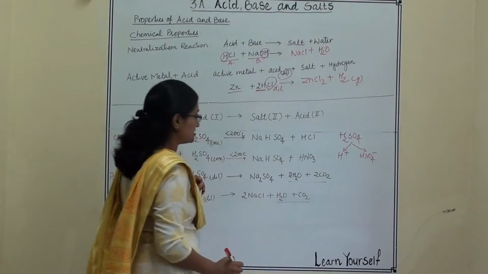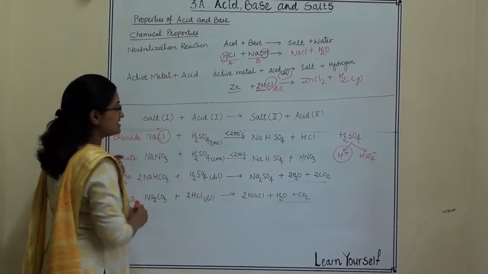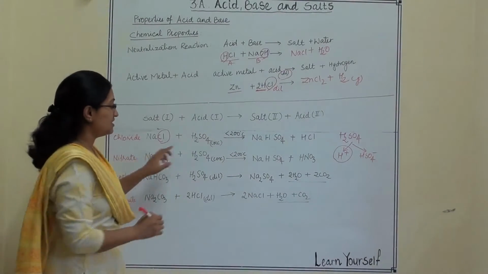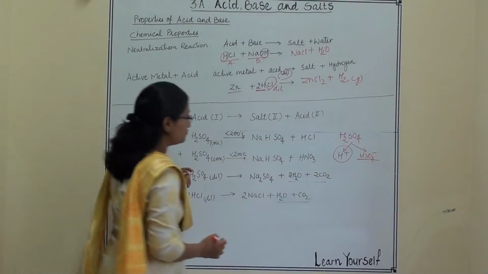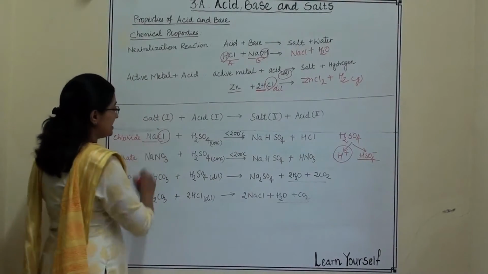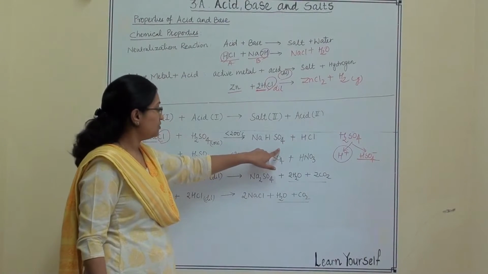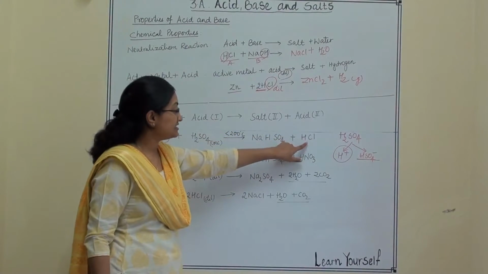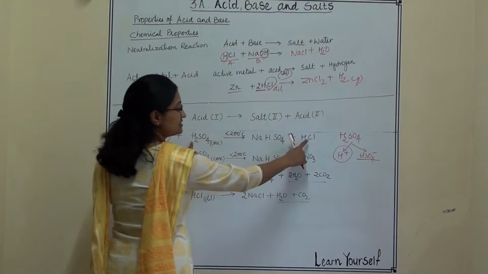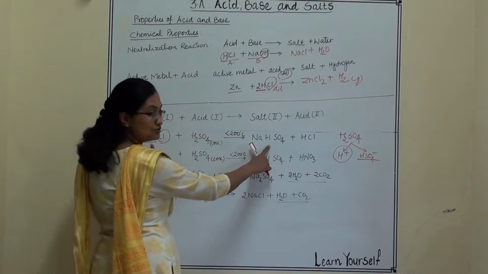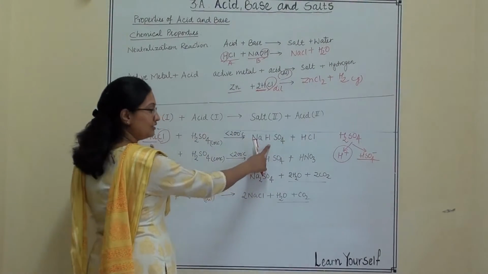So this H plus will react with this Cl minus, reactant A, reactant B, and the remaining HSO4 minus will react with Na plus. So it will give us NaHSO4. So this is our second salt and this is also an acid, but this acid and this acid are different. So this is acid 1 and this is acid 2. This is also a salt and this is also a salt, but both are different. So that's why this is salt 1 and this is salt 2.